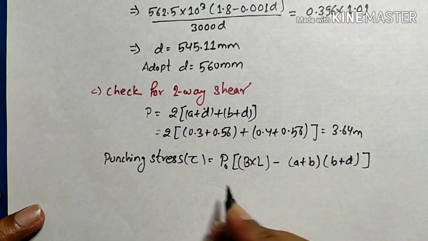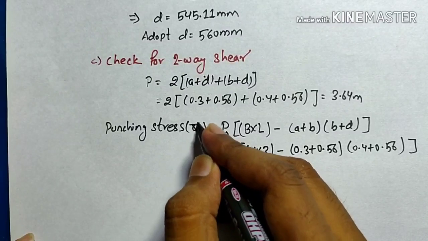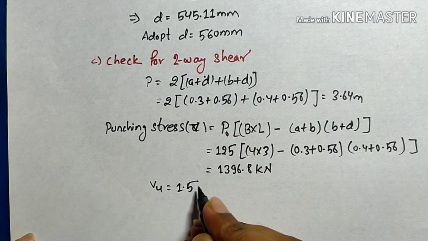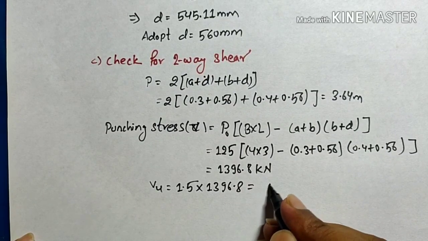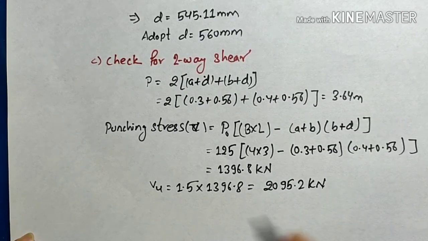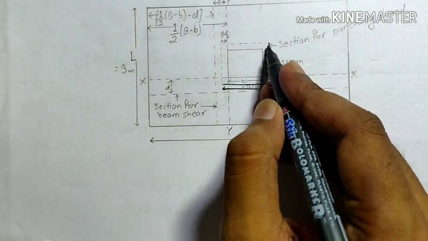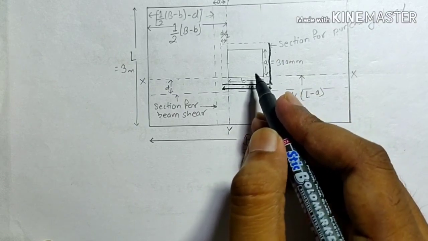So now put the value, this is our V, and let's find VU. We need to multiply this by the factor of safety 1.5 times 1396.8 kilonewton, which equals 2095.2 kilonewton. Now let's find tau V, which will be equal to VU upon, from the diagram, B is going to be our perimeter, and D will be our thickness of the section.